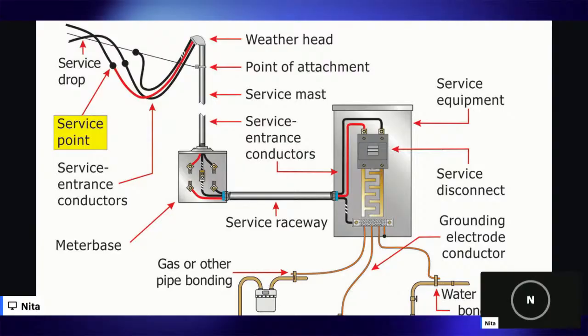If it's round, it is probably an older home, rated probably for about 60 amps. If it's square, that is typically 100 to 125 amps, and rectangular is going to be 200 amps plus. So if you're inspecting newer homes, you're going to see either square or rectangle. If you see a circle, the amperage is probably not adequate.